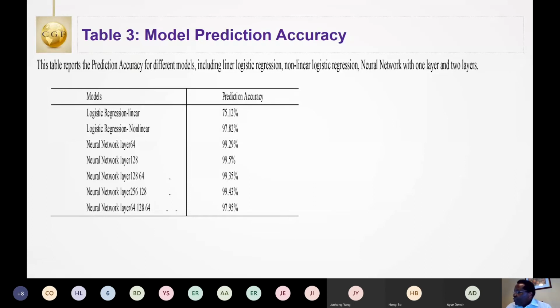So we note here that the neural network without any layer, which would be like the non-linear logistic regression, would have an accuracy of about 97.82, which is here. This has no layer, so it translates to a non-linear logistic regression form, but it's the lowest among all the layers.